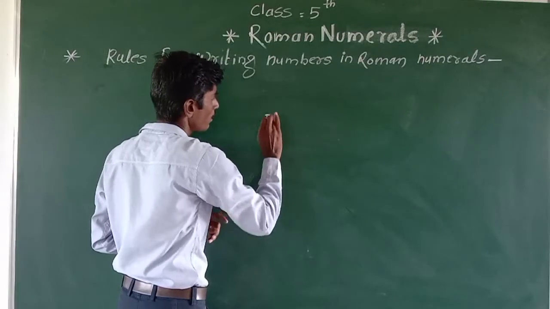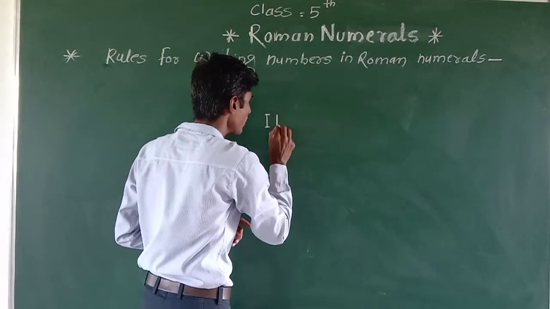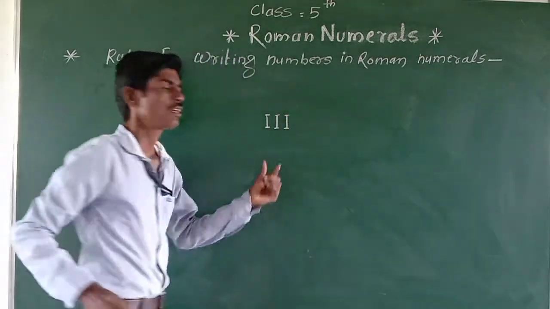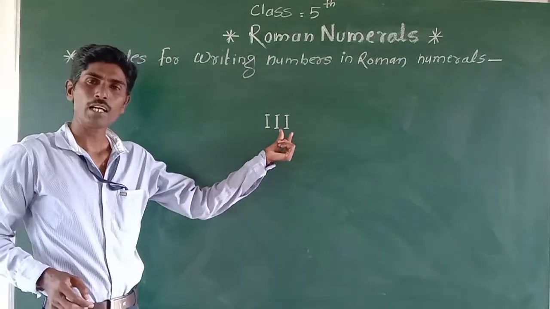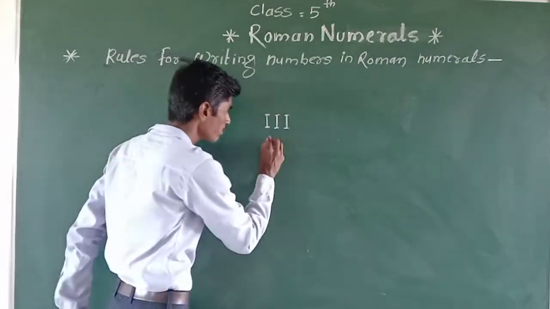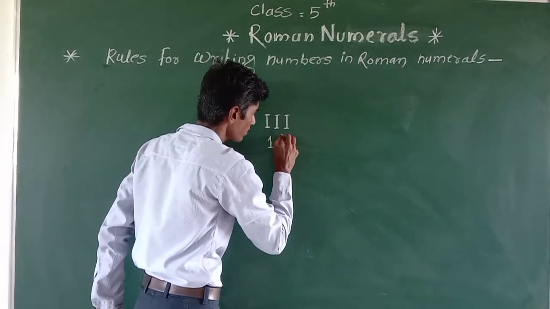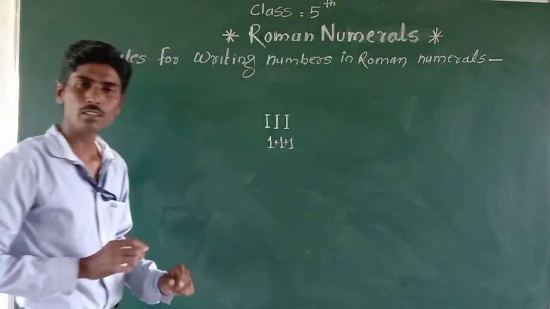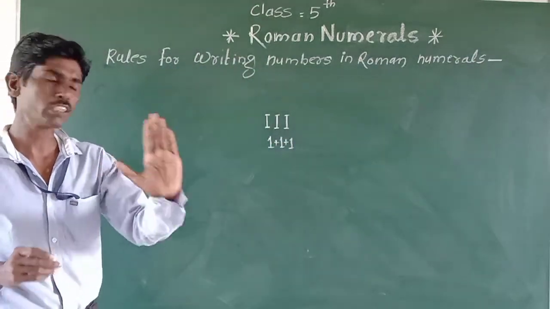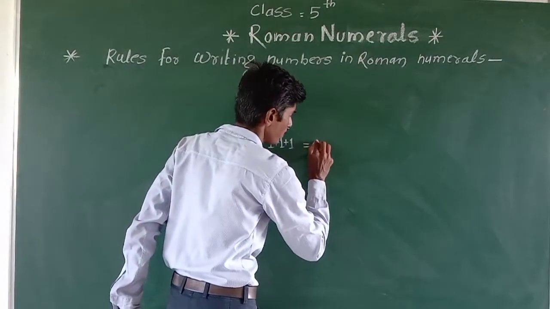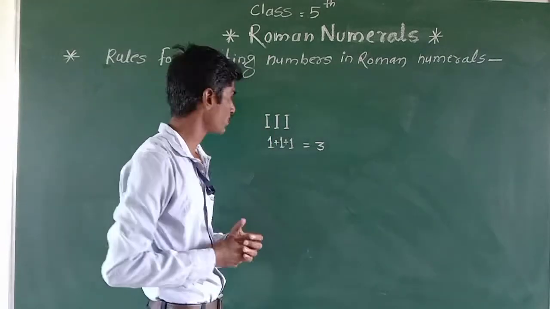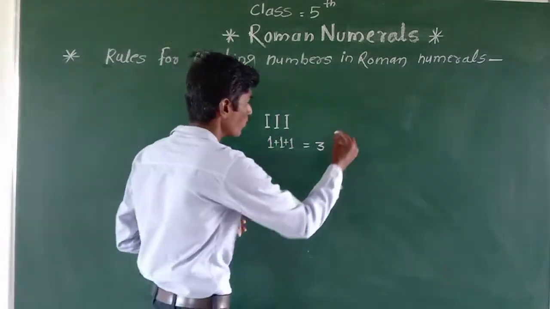Suppose that is I, once again I, once again I. The first is 1, another 1, and another 1. So we do addition: 1 plus 1 plus 1 is 3. But we can't repeat it more than 3 times. We can't repeat it 4 times.